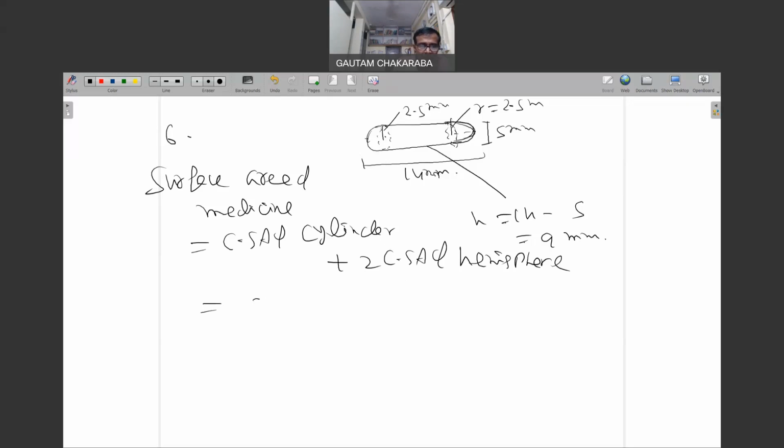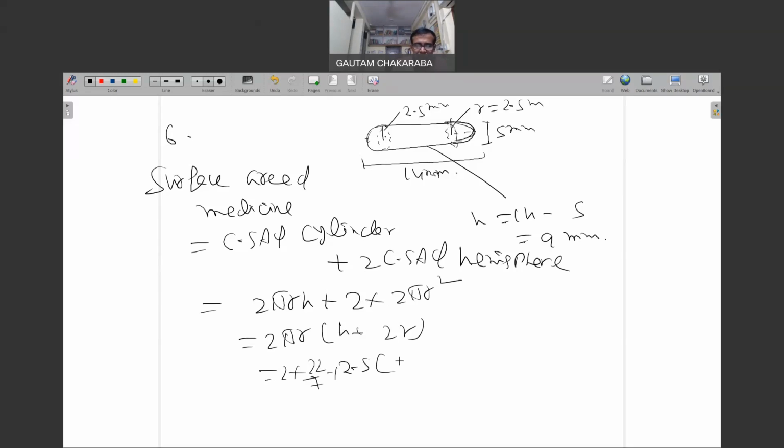CSA of cylinder is 2 pi rh and 2 times of 2 pi r square. 2 pi r common, h plus 2r. Now after that, put the value. r is 2.5, h is 9, r 2 into 2.5.